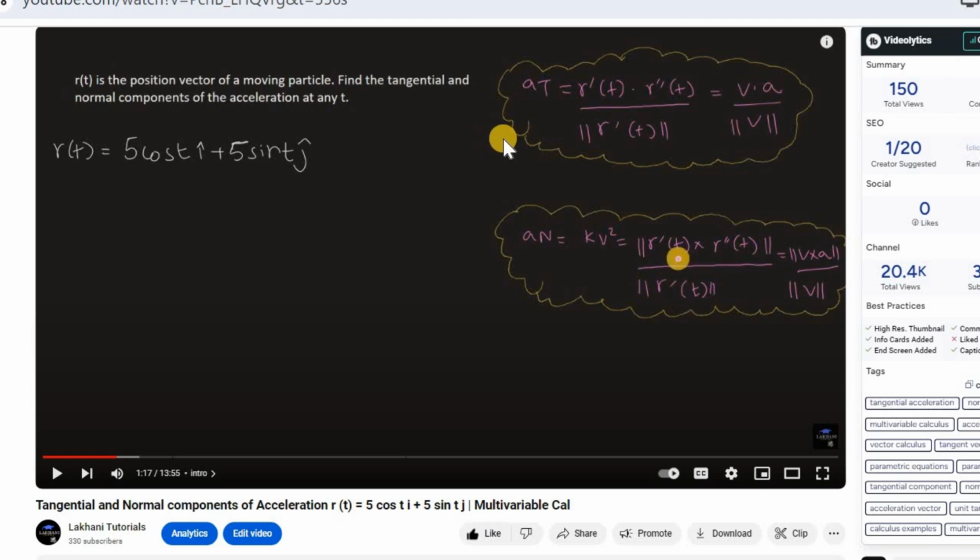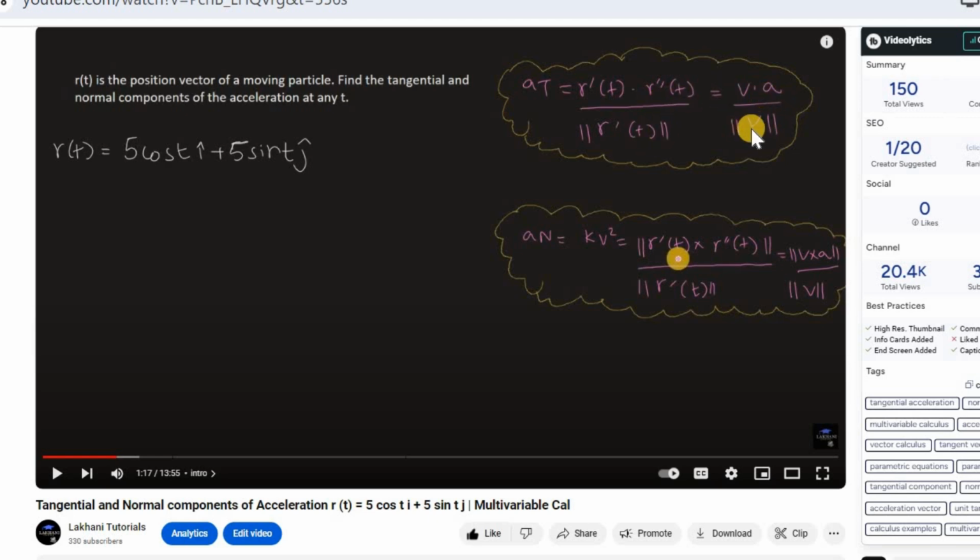Okay, so first let's find A tan. So to find A tan, this is the formula. We're going to dot product the r prime of t with r double prime of t, and then divide by the magnitude of r prime of t. r prime of t is same as velocity, and r double prime, like I explained before, is same as acceleration.